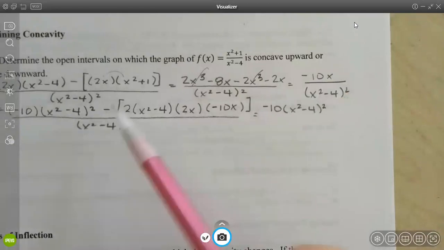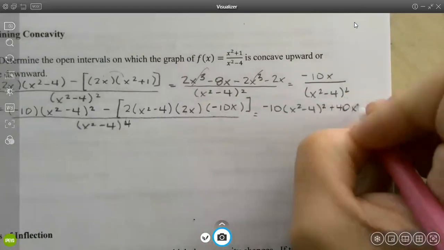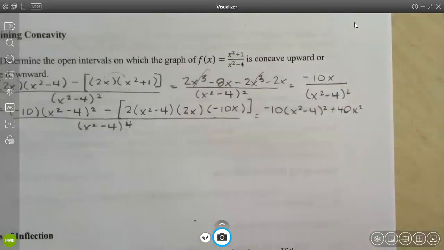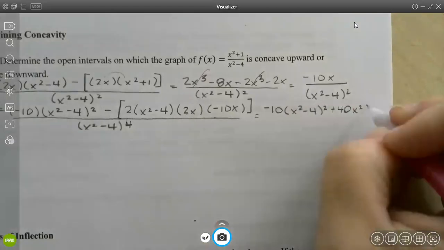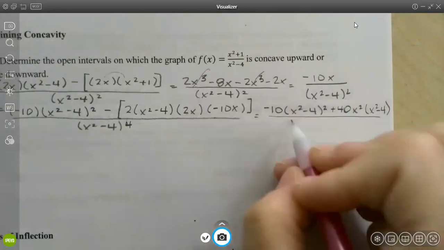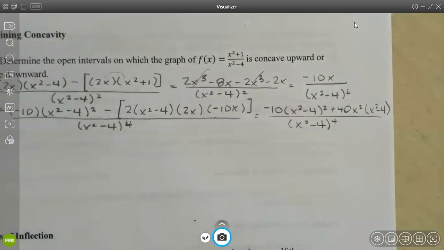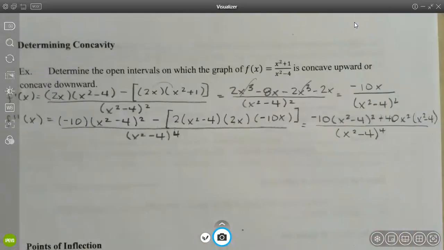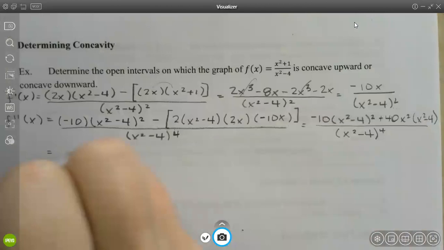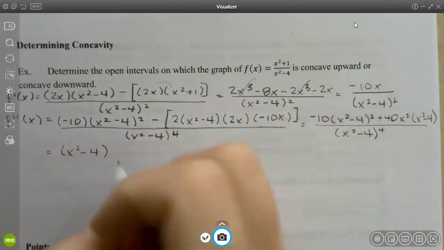And then I have a minus, and that's x squared because it's 10x times 2x. And then we still have that x squared minus 4 in there. What do you see on the top? Did I say that they have an x squared minus 4 in common? All right, so I'm going to go back over here. Take out my x squared minus 4.